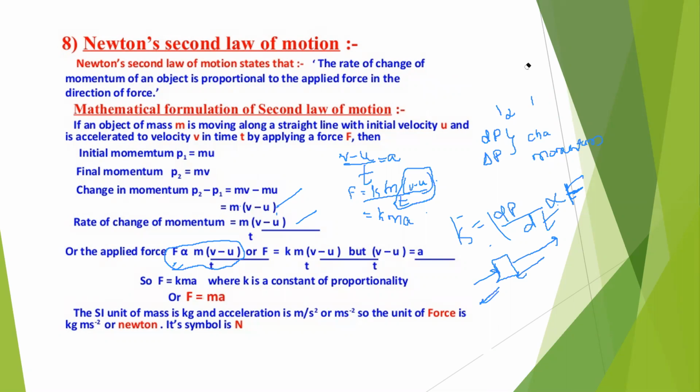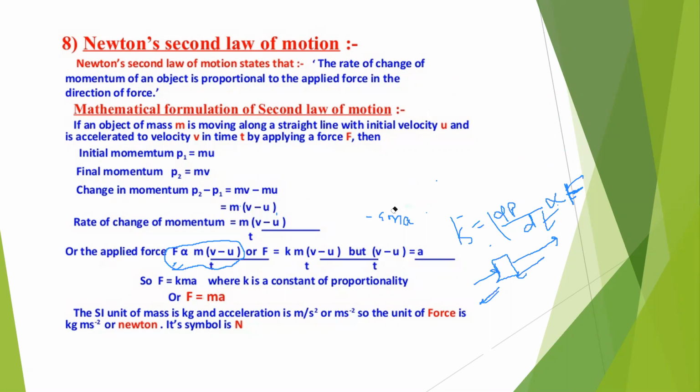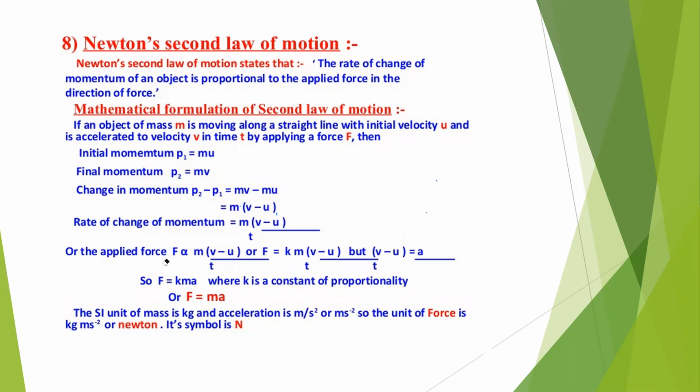So this is the Newton's second law statement and proof. I told you in the beginning that Newton's second law is called the law of acceleration. Why is it called the law of acceleration? You can see here, students, we get F is equal to m into a. Till now we defined force as a push or pull on a body. That is the physical meaning.